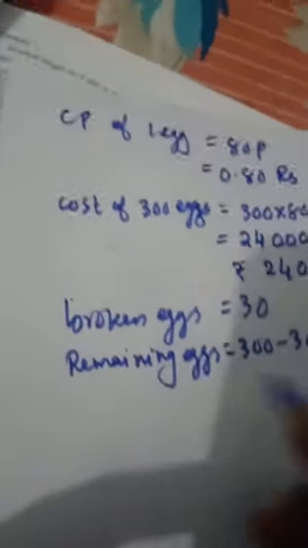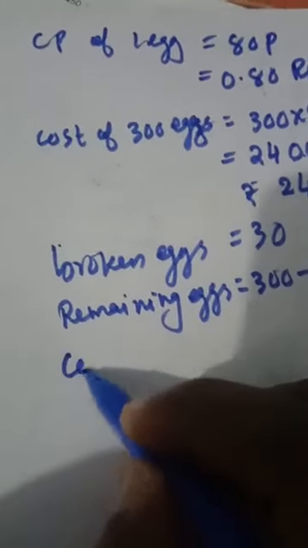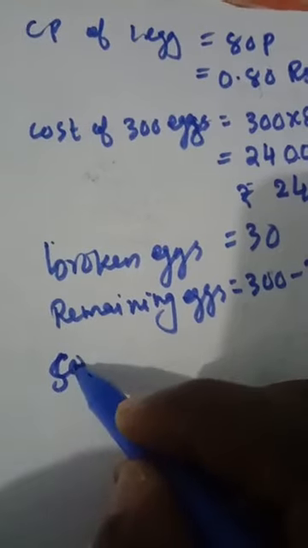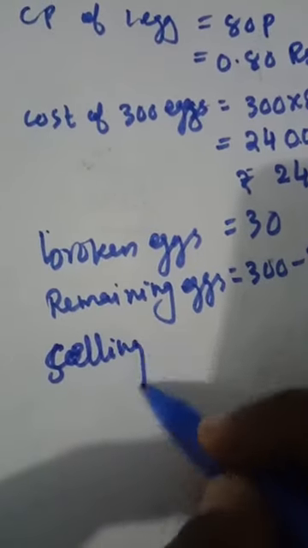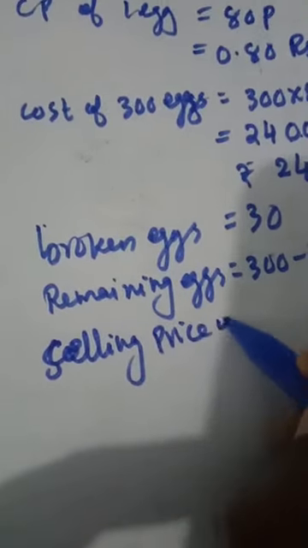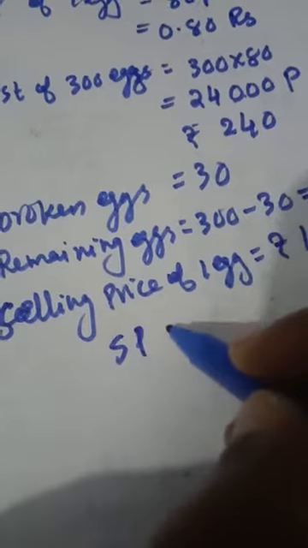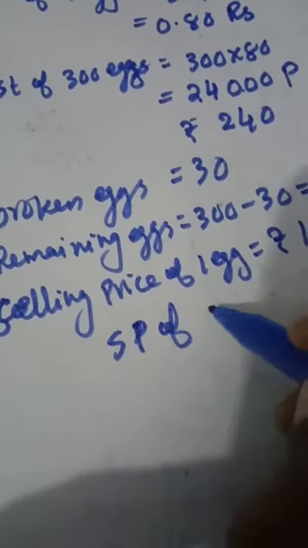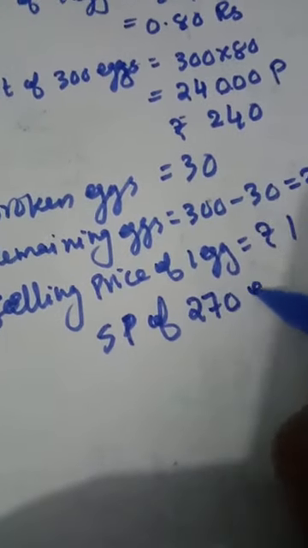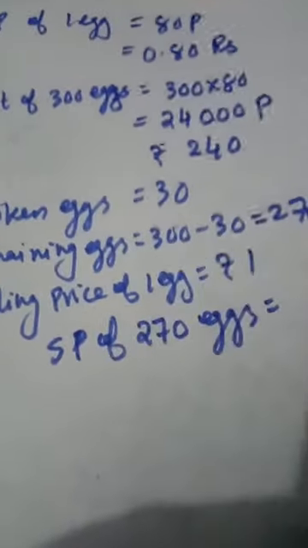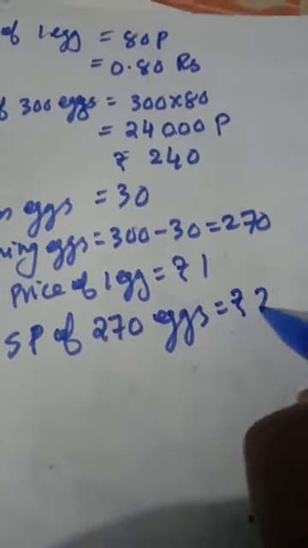Now the selling price of one egg is rupees 1. So SP of 270 eggs is 270 into 1, 270 rupees.